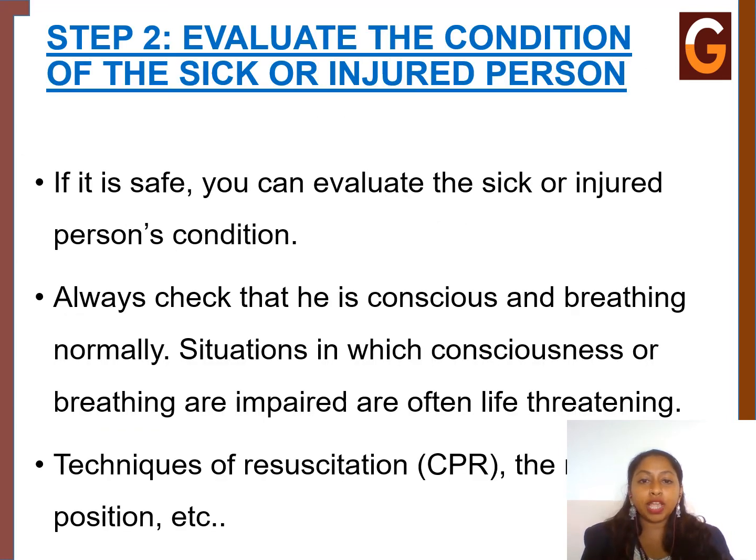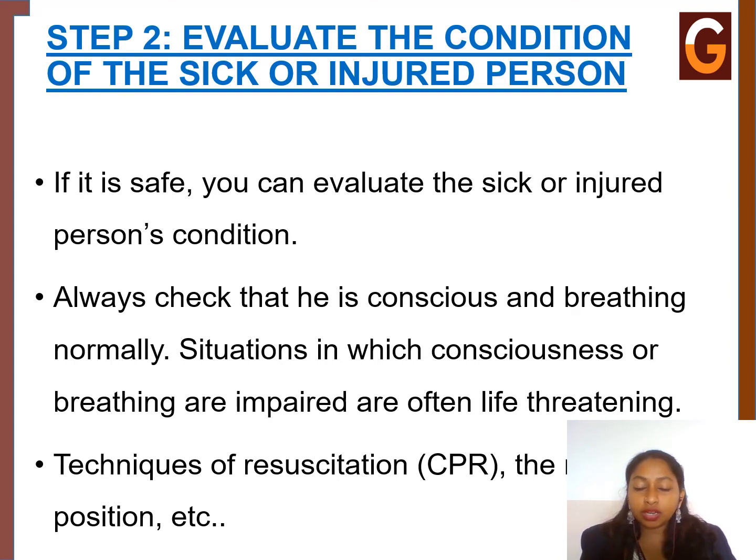Step 2. Here we have to evaluate the condition of the sick or the injured person. Once you have secured the area, now evaluate the victim. We have to check whether the ABC is okay, whether these three important vital conditions are working fine. If he is not breathing, or his heart is not working, then we have to give CPR.